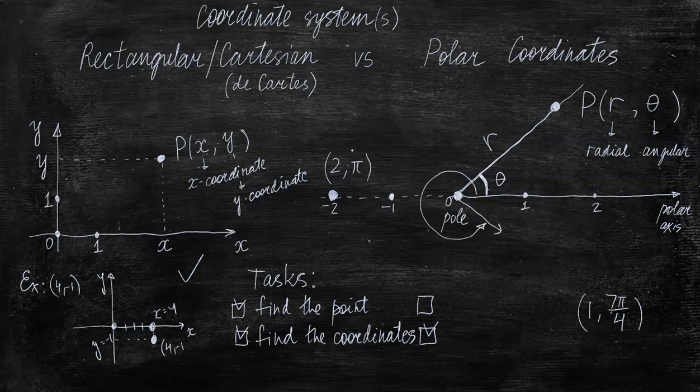So now we're facing this way, and we're going to move along this ray 1 unit. So this is the point that has the coordinates (1, 7 pi over 4). So it seems like we're now convinced that this is a working coordinate system. Let's practice a little bit more.